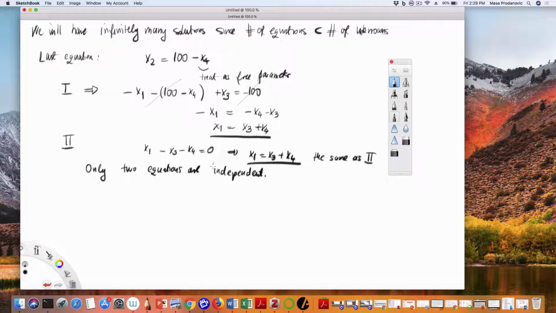So basically my solution is pretty much that x2 is 100 minus x4, and my x1 is x3 plus x4. So my x3 and x4 are so-called free parameters that I can choose any way I want, and the others sort themselves out. Now normally, the way I drew the problem, I'm thinking of these fluxes as being positive because they have a direction.